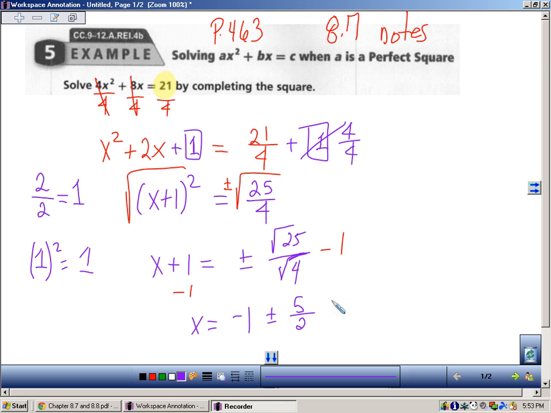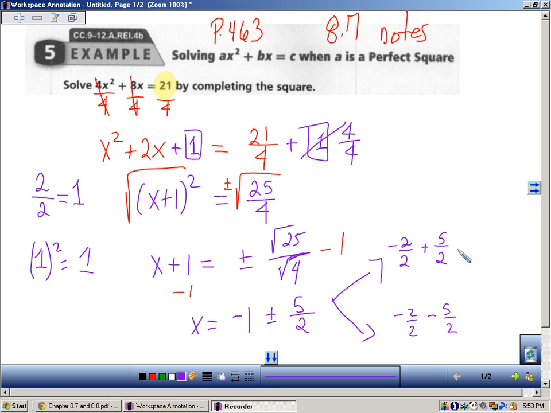All right? Now, breaking these up into two possible solutions, I know that negative 1, the common denominator is 2, so negative 1 could be written as negative 2 over 2 plus 5 over 2. Then we also know here that the other solution is negative 2 over 2 minus 5 over 2.